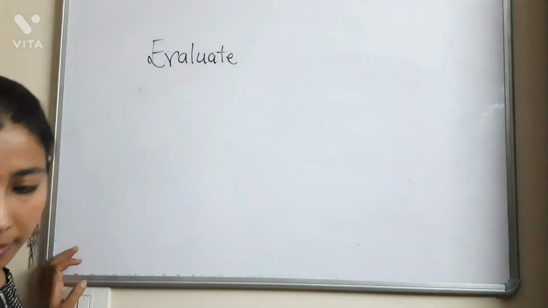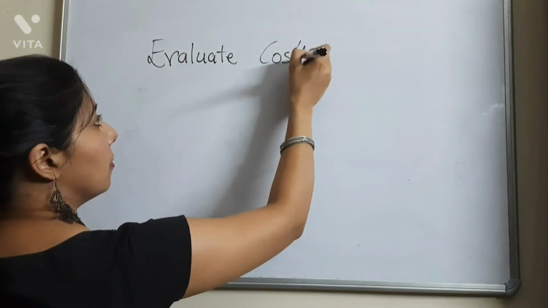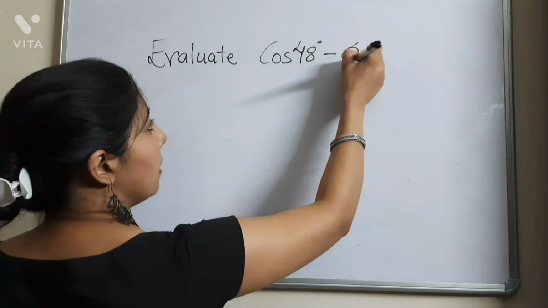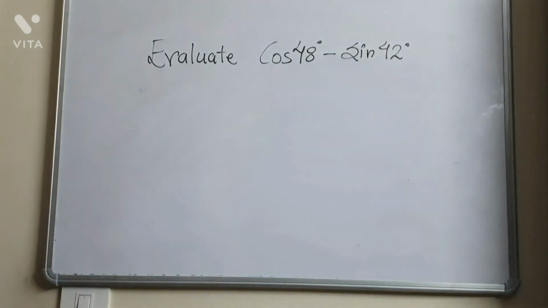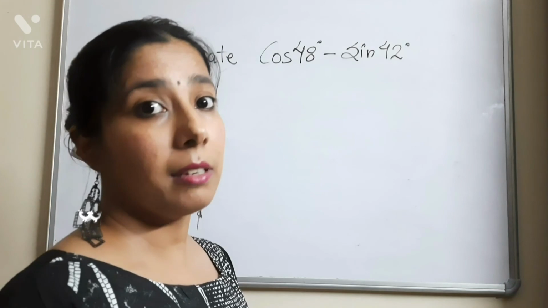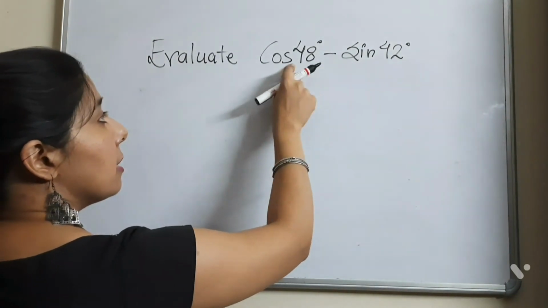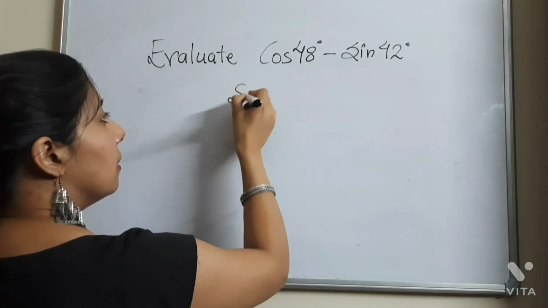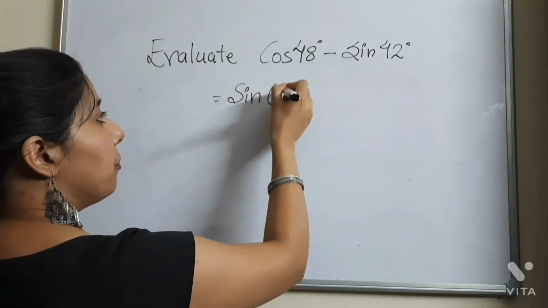Suppose it is like evaluate cos 48 minus sine 42 degree. Now you don't know the value of cos 48 or sine 42, but you know that sine and cos make complementary pairs with each other. Then how can you evaluate this value? By using that concept. So if you are changing this cos to sine, then the second thing you need to do is just subtract this angle from 90.